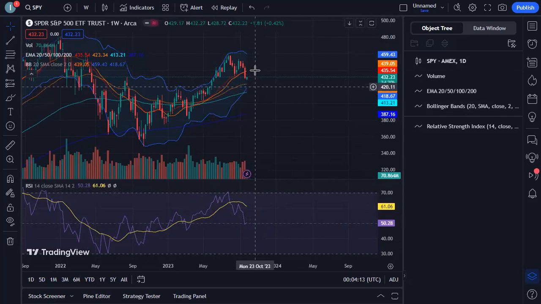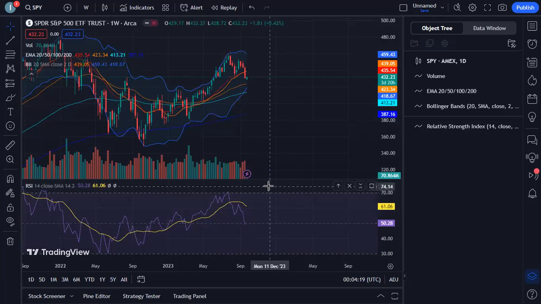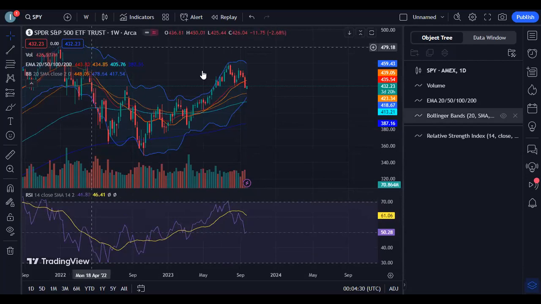Again, on the weekly, just looking at where the overall EMA structure and the Bollinger Band placement is, and comparing that to our RSI levels, we can tell that we're actually nearing overbought area on the weekly chart, but we're actually trending significantly lower on the daily chart, right?